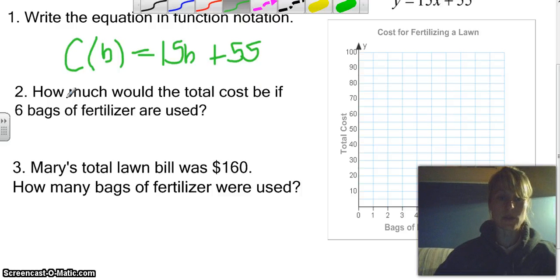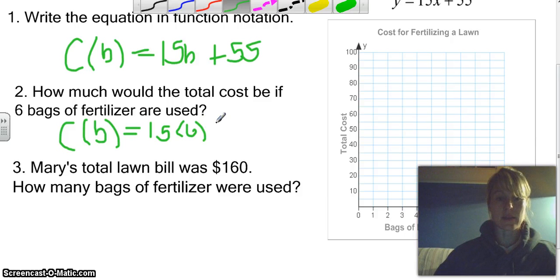So this one says, how much would the total cost be for 6 bags of fertilizer? So we would just plug in for that. Hopefully as time goes on, I'll get better with this. I know my writing is atrocious. Okay, so 15 times 6, and then plus 55. Okay? And that would be the cost of my lawn care.